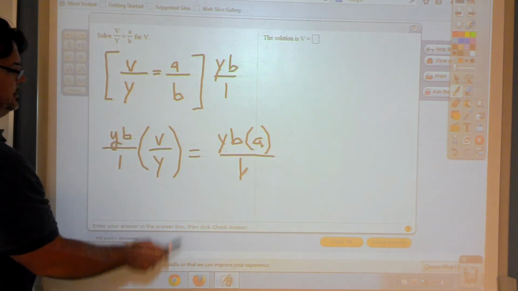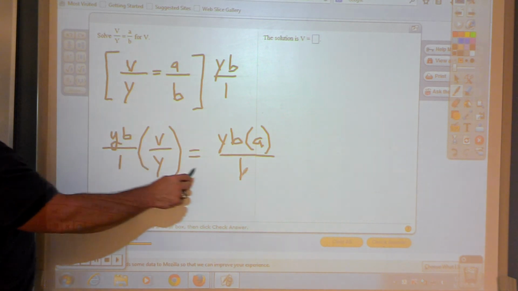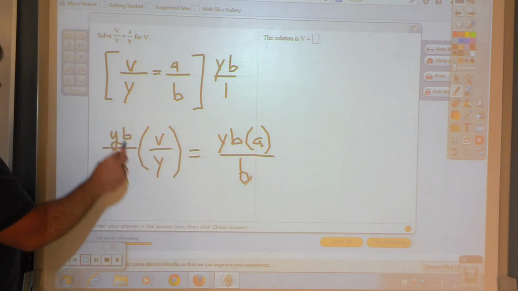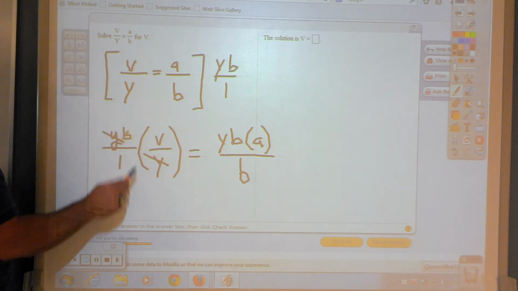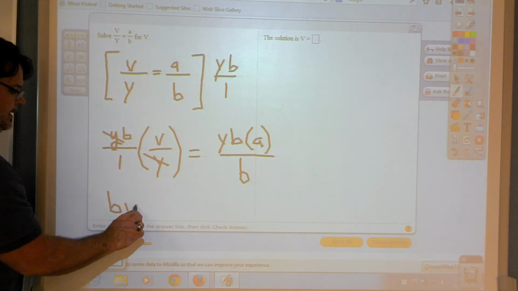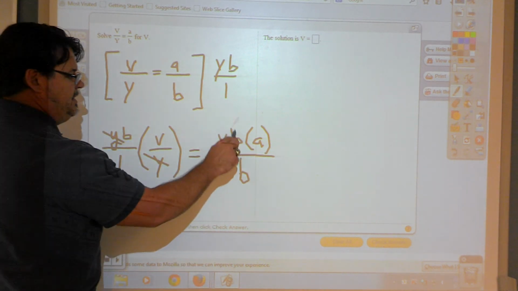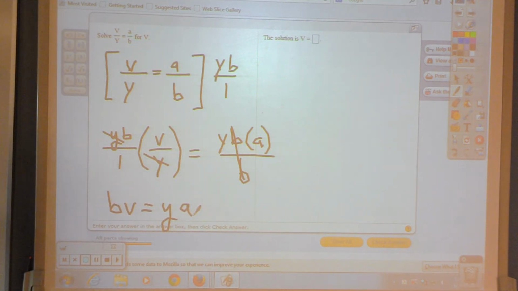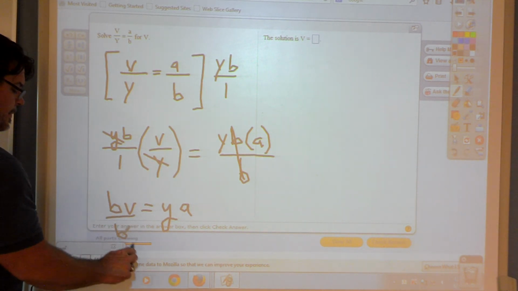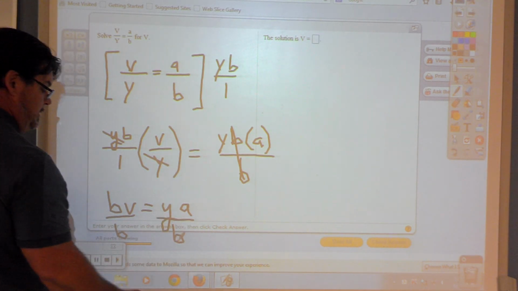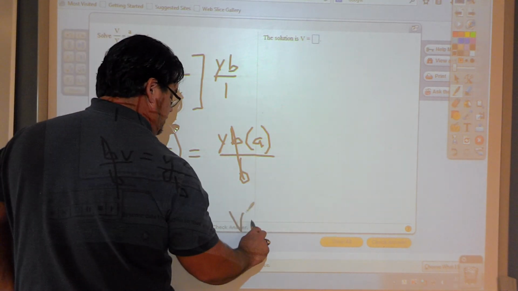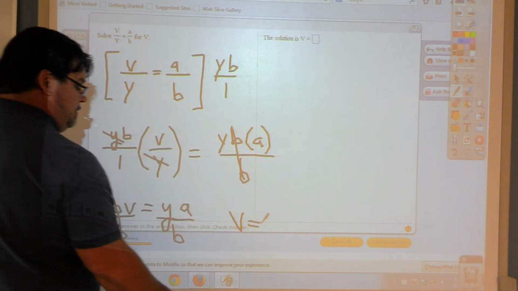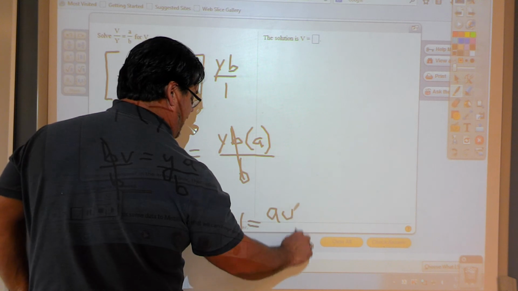And what happens to the Y's? Cancel. That leaves you with BV. What happens to the B's? Cancel. YA. And what are we solving for? B. So divide both sides by what? V. And B is equal to AY over what?